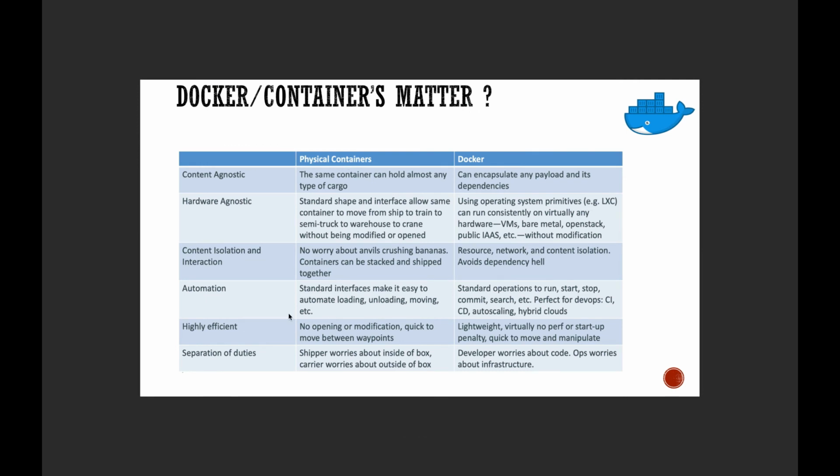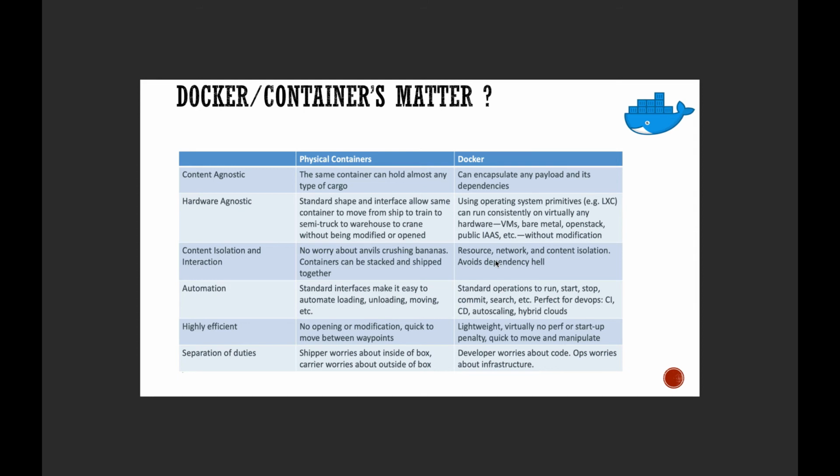Now coming to automation. Standard interfaces make it easy to automate loading, unloading, moving, etc. in the case of physical containers. Whereas in Docker, we have standard operations like run, start, stop, commit, search, etc., which is perfect for implementing CI/CD, auto scaling, hybrid clouds.